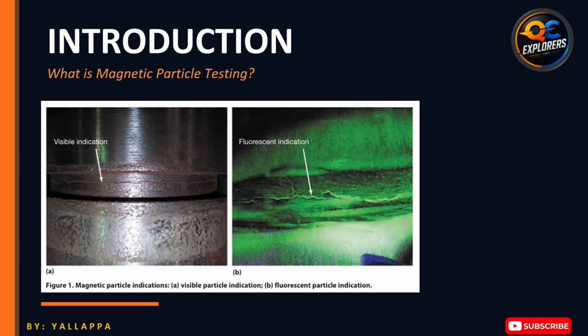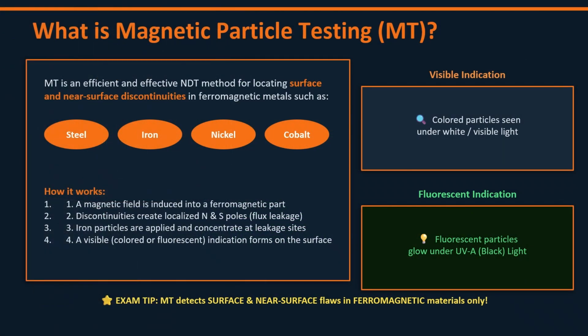Now consider why MT is so widely used in maintenance and fabrication inspection. Its major strength is the ability to produce an indication directly on the component while the examination is taking place. When the technique is properly selected, a surface-breaking crack can appear as a sharp, easily interpreted particle accumulation.